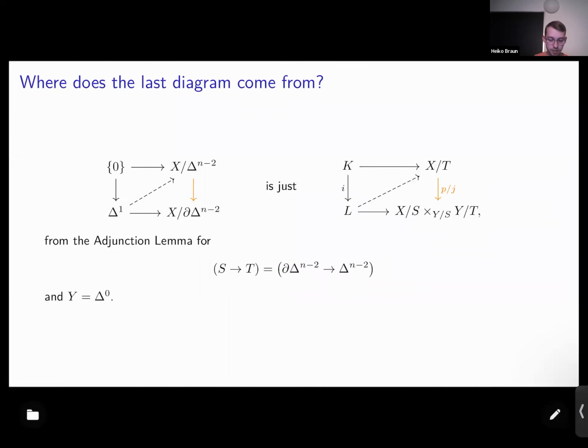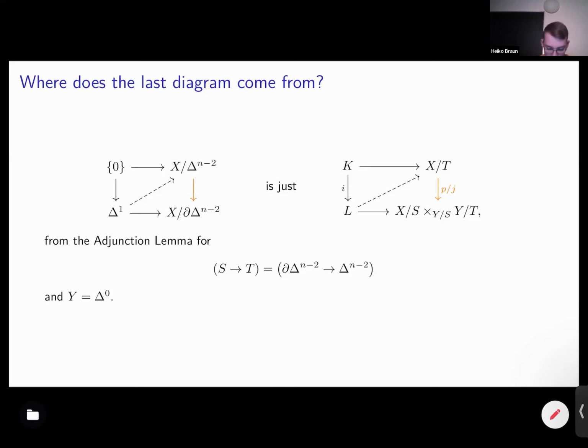So the upper part of the diagram, which is here, is a special case of a diagram we have already seen, namely in the adjunction lemma, which looked like this. But we have to put in the correct entries. So we have put in the correct values for s and t and y and x and everything.